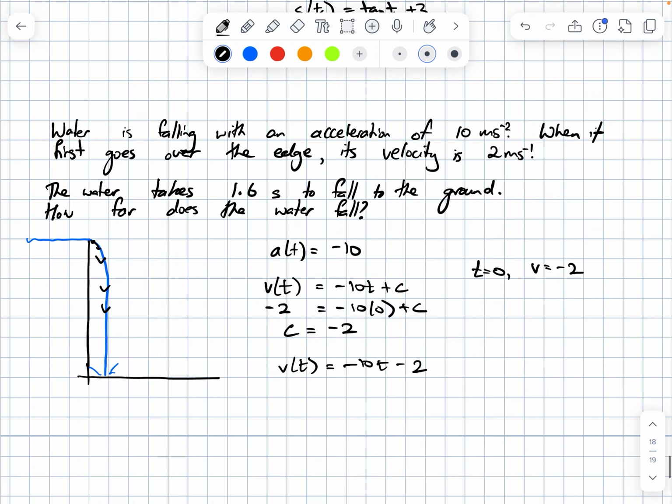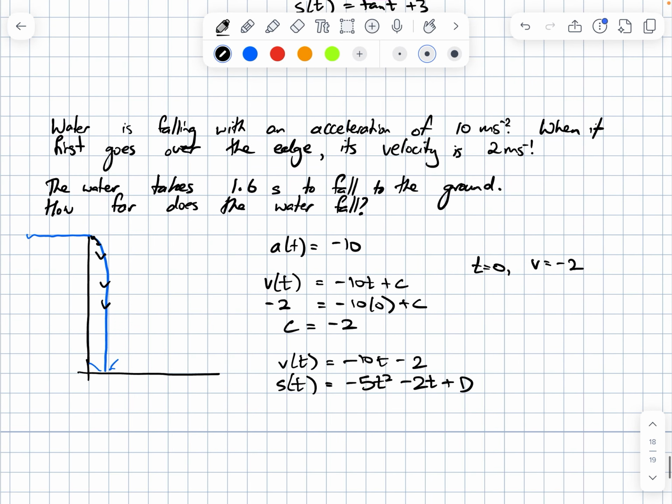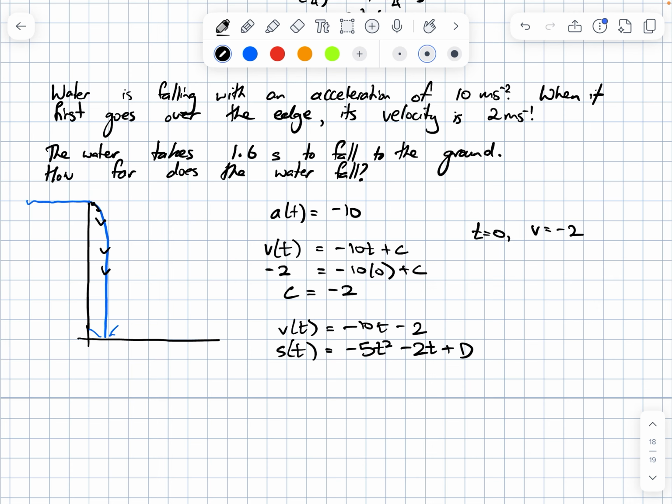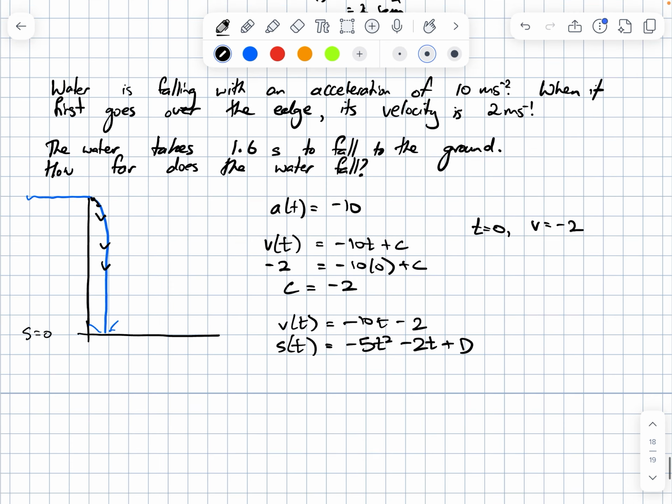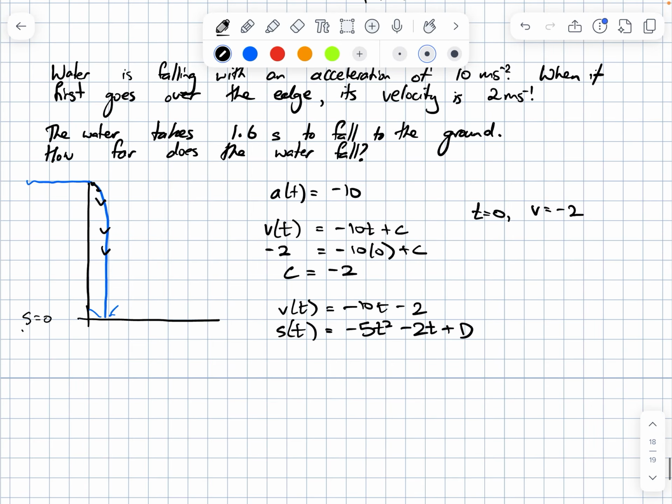Now I want displacement. S of t equals negative 10t integrates to negative 5t squared minus 2t plus some constant. I'm not going to use c because c is already defined as negative 2. I'm just going to use the next letter in the alphabet, d. We're told that water takes 1.6 seconds to fall to the ground. So what that means is, because I've defined s equals 0 at the bottom, that when s equals 0, t will equal 1.6.